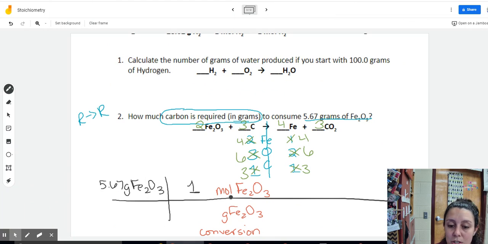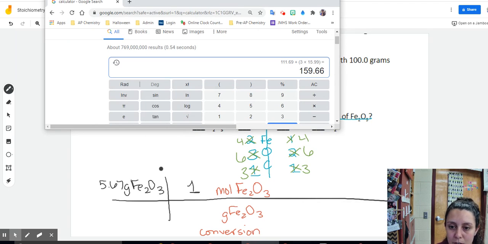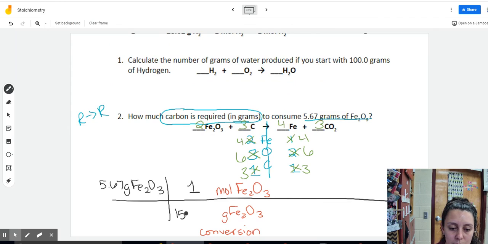Okay, so make sure you know how to get your molar mass. What I added together was 2 irons and 3 oxygens. So make sure you have that handy dandy periodic table. All right, so our number was 159.66 for the molar mass. Remember, that's your molar mass to 1 conversion.